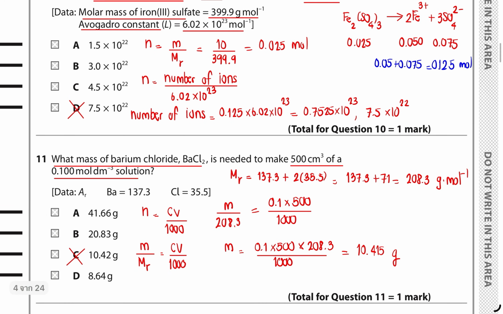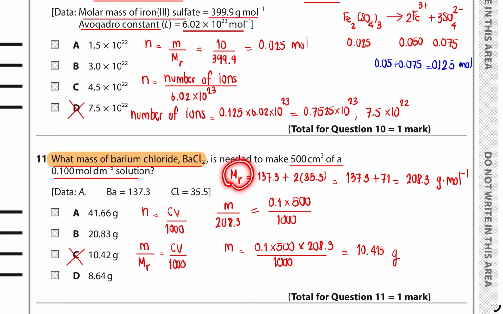And the last question for this page. What mass of barium chloride is needed to make 500 cm cube of 0.1 mole per liter solution? So first of all, I will find the molar mass.